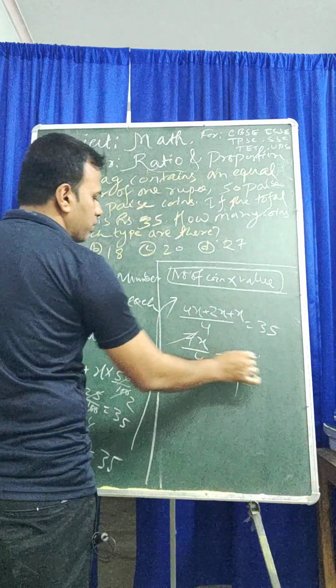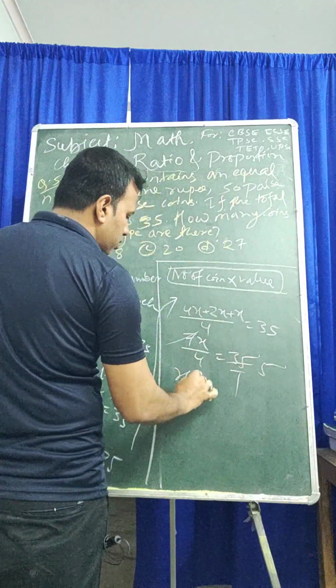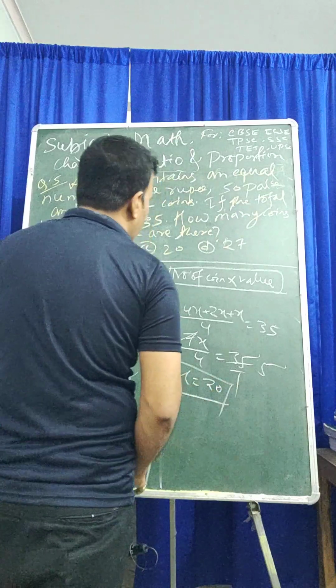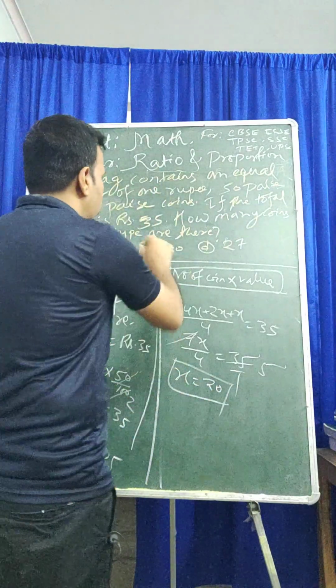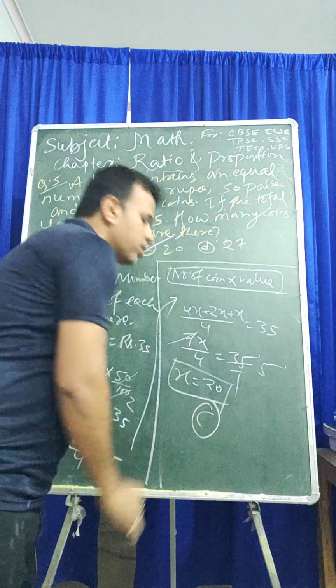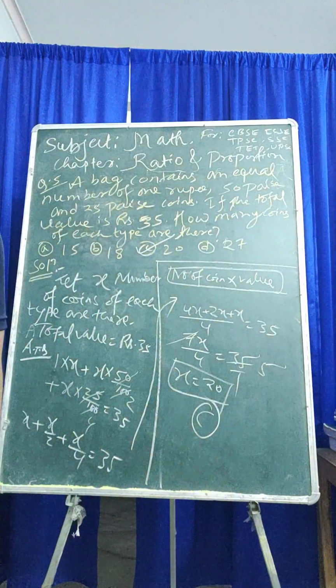If I cut this by this, it will be 5, so x is equal to 20. So the total number of coins will be 20. So which option is correct? Option C is the correct answer. So the total number of coins in the bag is 20. Okay, got my point?